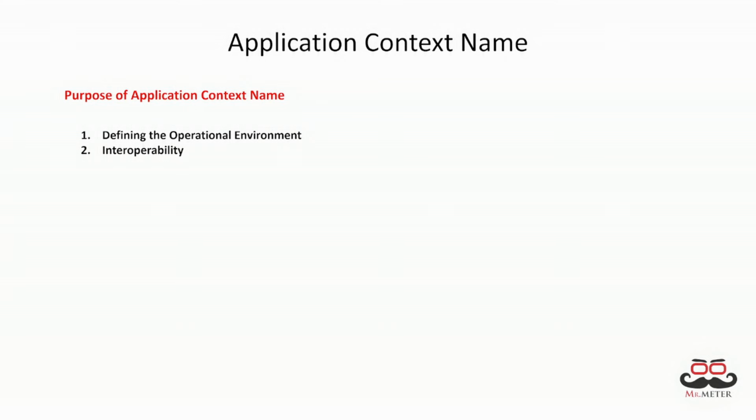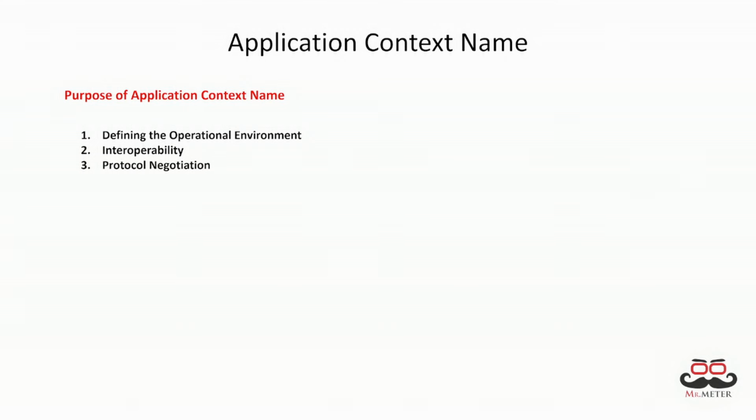The next one is interoperability. By specifying the application context name, the client and the server can ensure that they are compatible in terms of the applications they support. For example, in healthcare systems using the DICOM standard, different application contexts might be used for different types of medical imaging data.